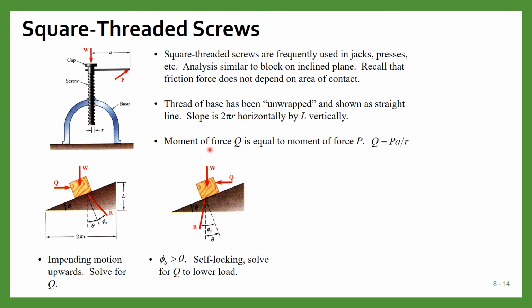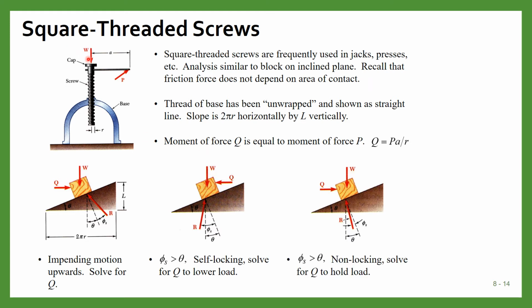And then there is another case in which, when you put on the load, it will automatically try to unwind and lower the load. In that case, you have to apply the force in the opposite direction so that the weight does not come downward. That will occur when phi s, the angle between the resultant and normal, is less than this angle theta.